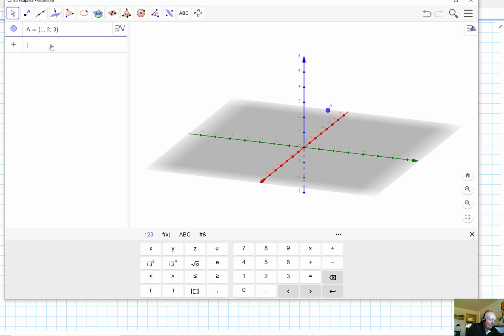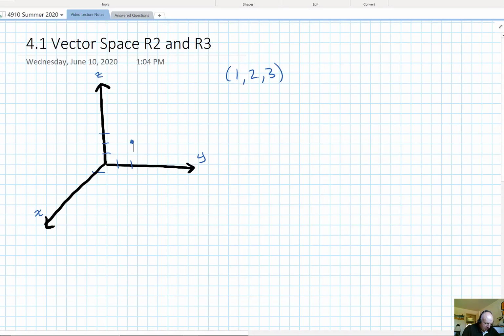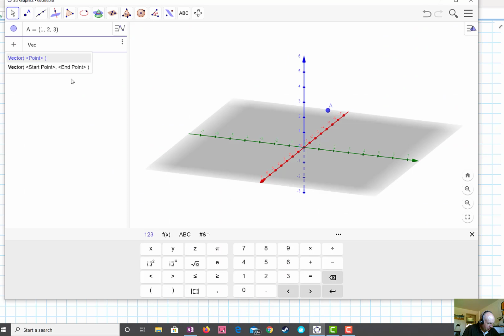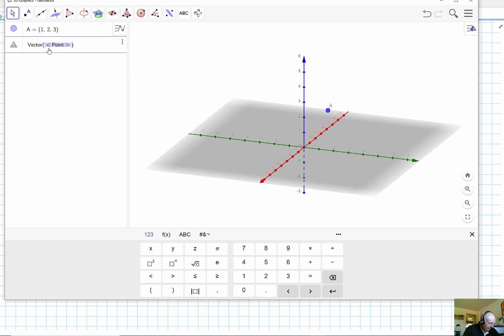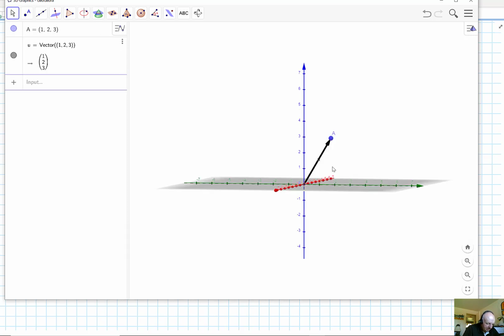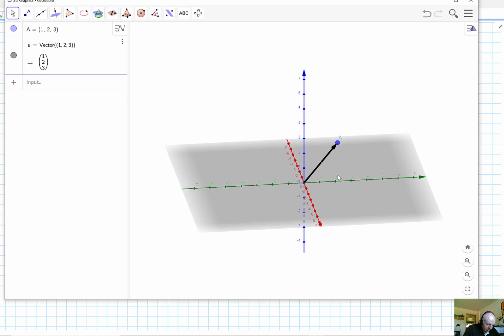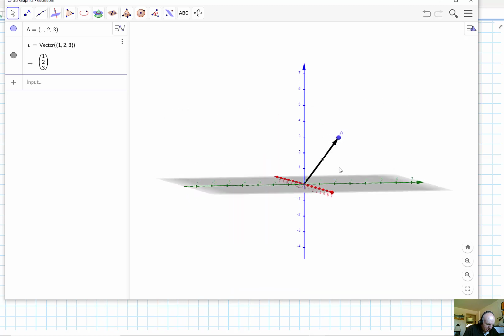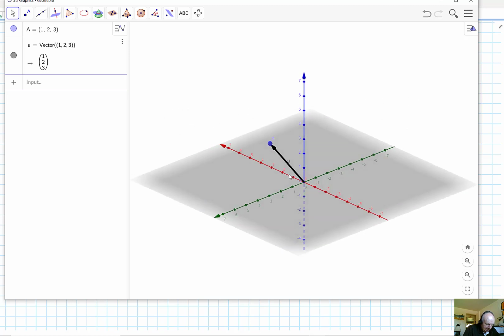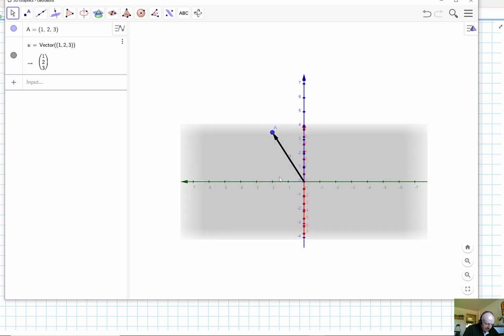To graph a vector in GeoGebra, you use the vector command and then put the point 1, 2, 3, and what has happened is it's drawn that arrow to my point. It starts at the origin and ends at that point.